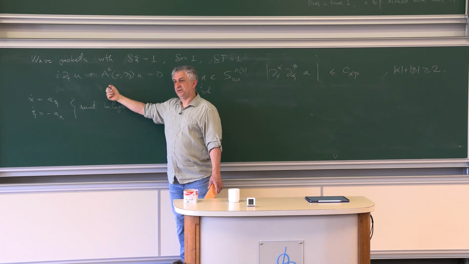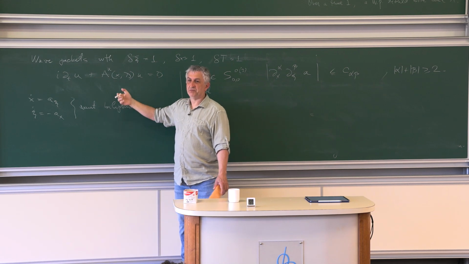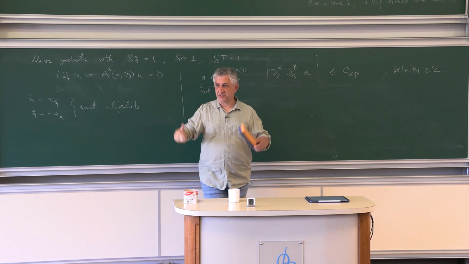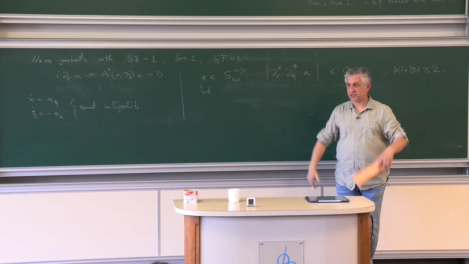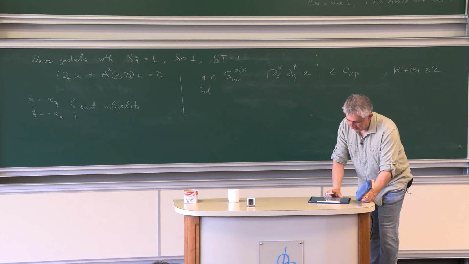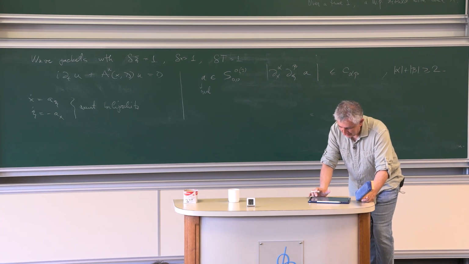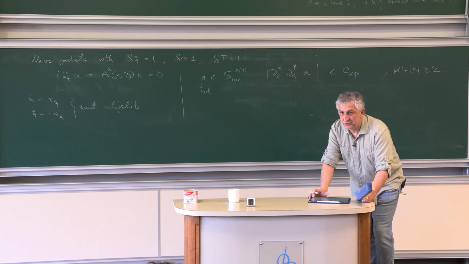So if you want dispersive estimates, you have to also put some condition that guarantees that the flow is dispersive. This condition in here guarantees that the flow is bi-Lipschitz and that you have a wave packet parametrix.